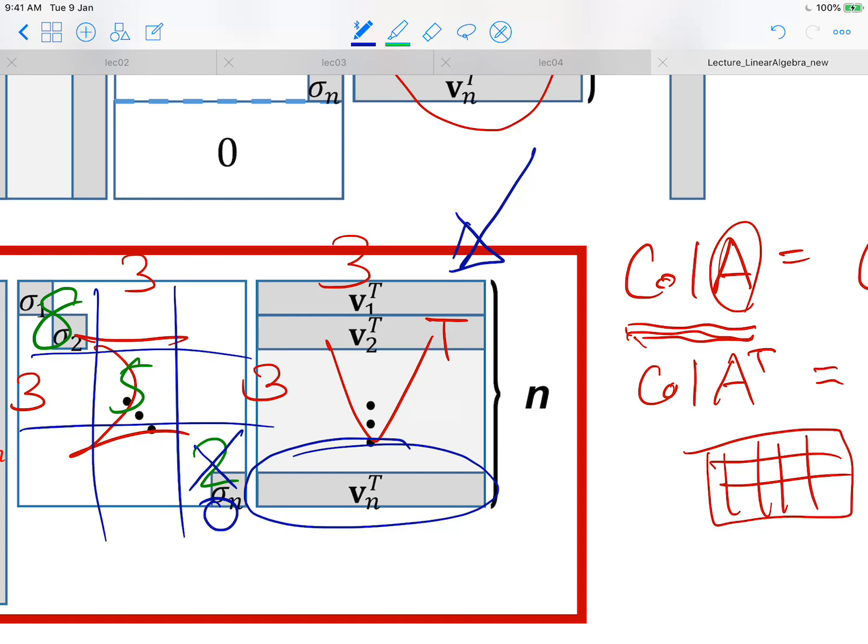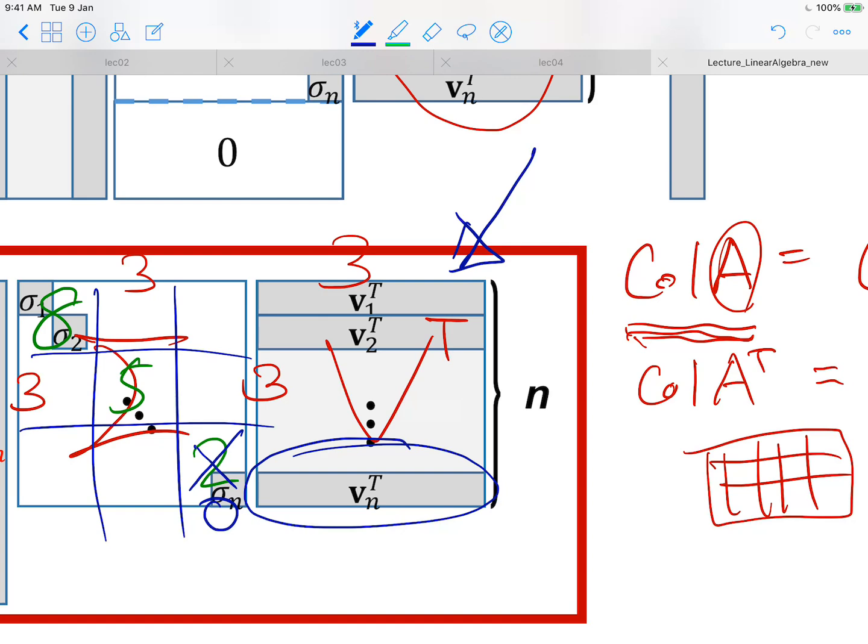The main point again, let me rephrase it. Given the reduced form, suppose our matrix is 100 by 50. Then we will have a 50 by 50 diagonal matrix in the middle.